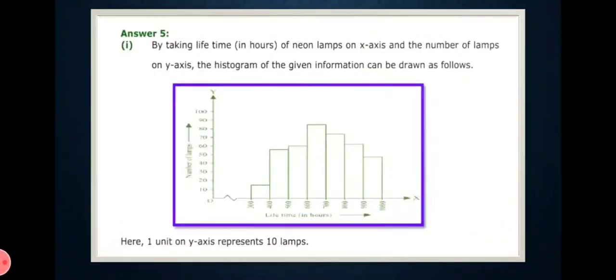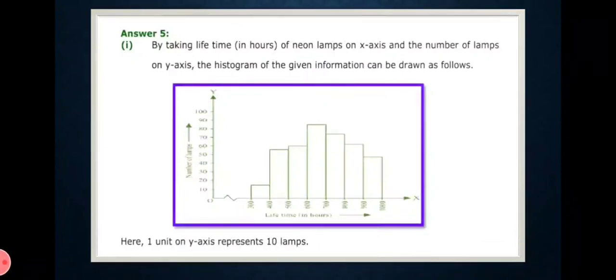By taking the lifetime of neon lamps on the x-axis and the number of lamps on the y-axis, the histogram of the given information can be drawn as follows. Again here we have selected on the y-axis 1 unit equal to 10 lamps.